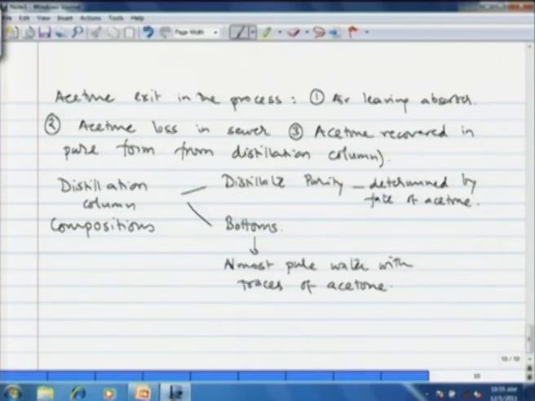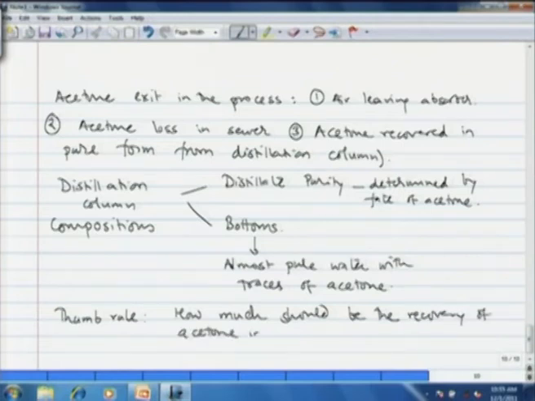Now, to decide the mass balance, we have to start with some thumb rule. Like the first question, how much should be the recovery of acetone in absorber? First question.